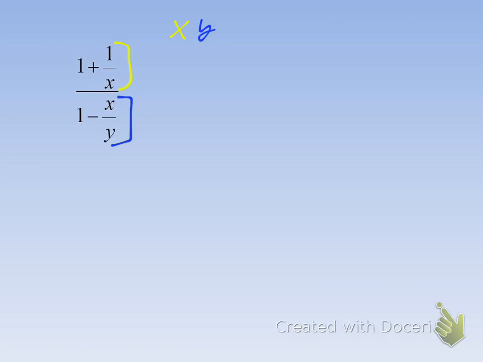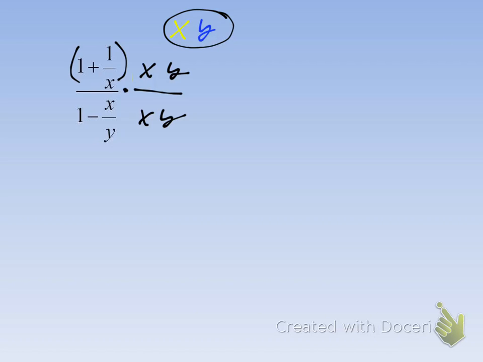So what the book wants you to do is x over x times this, y over y times here. It's way simpler than that. What you're going to do is multiply the big fraction by that LCD combined, the product of that LCD, in this case, xy. And then you're going to distribute it into these two terms. So now you distribute backwards.